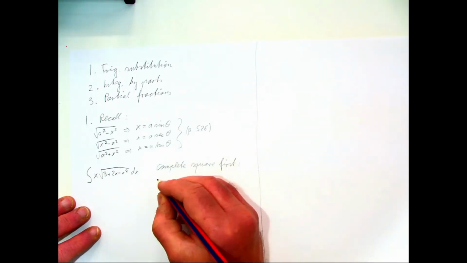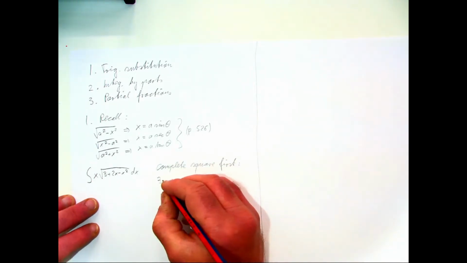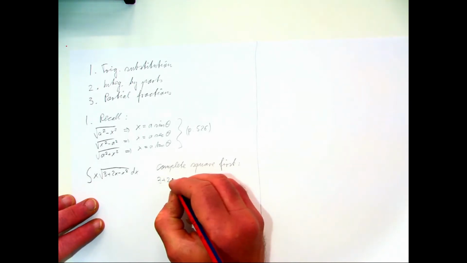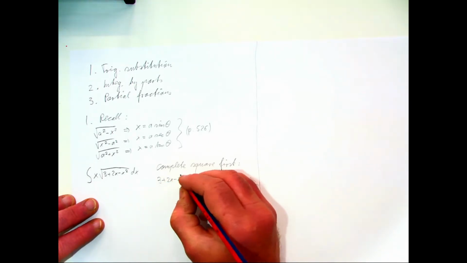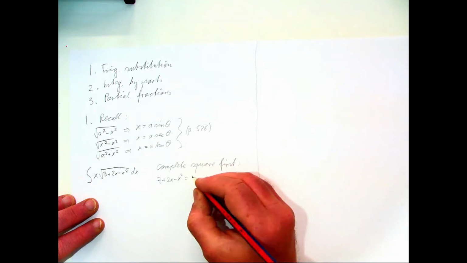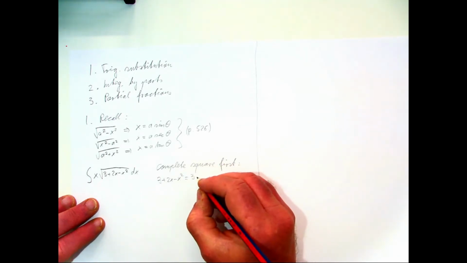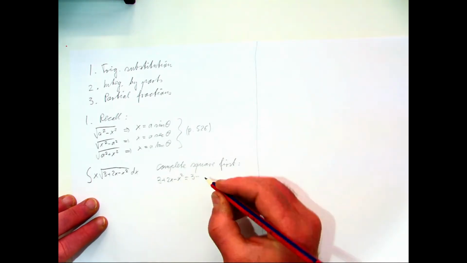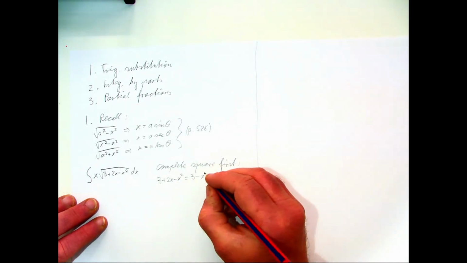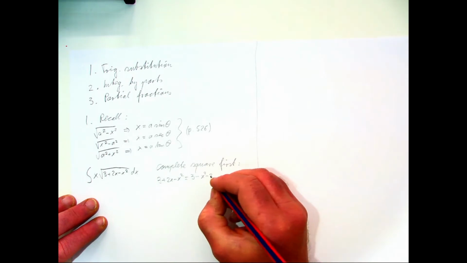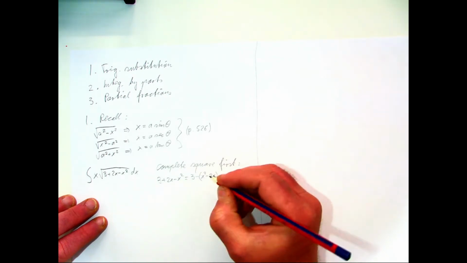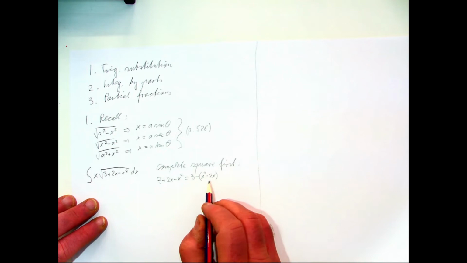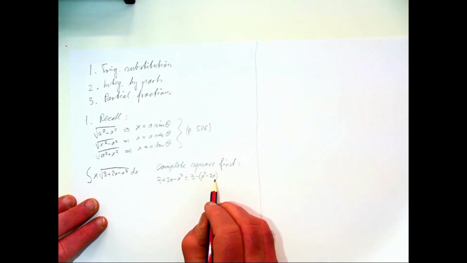That means I write 3 plus 2x minus x squared as follows. I would like to have the leading coefficient of x squared positive, so I write it like this, 3 minus x squared minus 2x in brackets. And now here I can read off how I would complete the square.